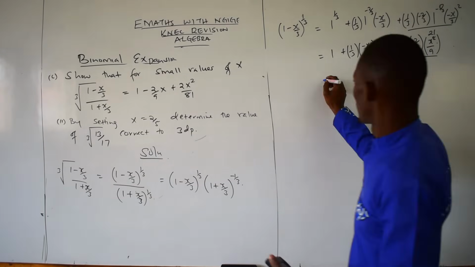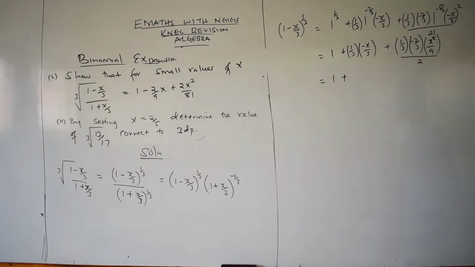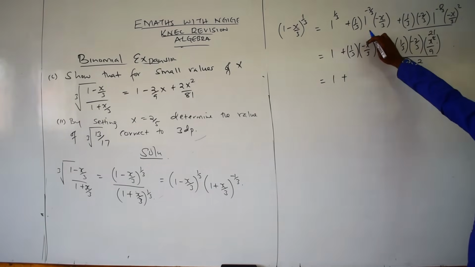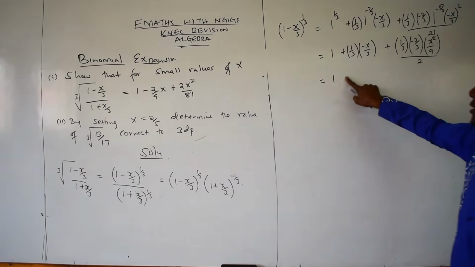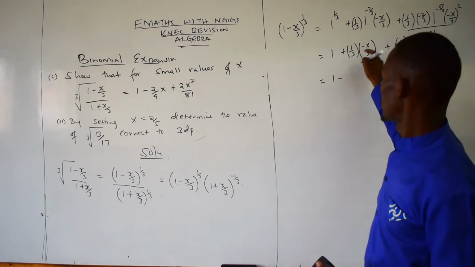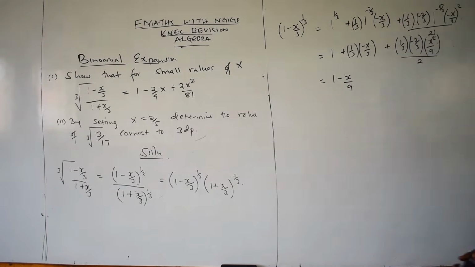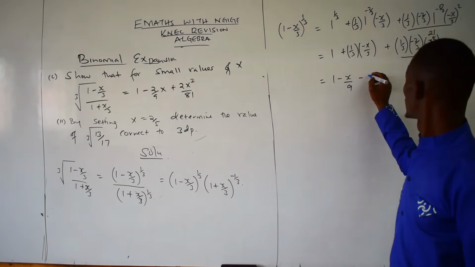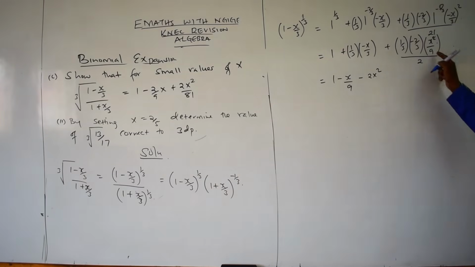Now I can open up the bracket: 1 plus, we have a third times negative x over 3, so the term changes to become negative. So 1 times negative x gives you negative x, and 3 times 3 gives you 9. Then the second term: 1 times negative 2 times x squared gives you negative 2x squared, and 3 times 3 is 9, 9 times 9 is 81, 81 times 2 is 162.